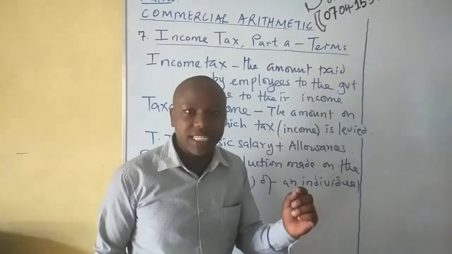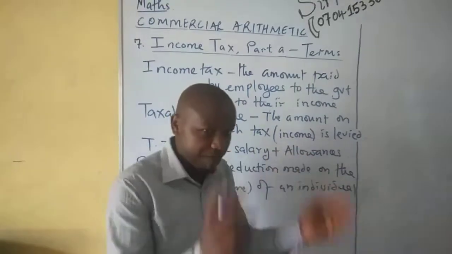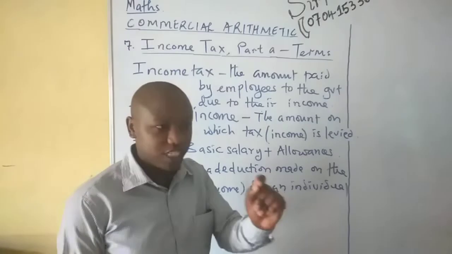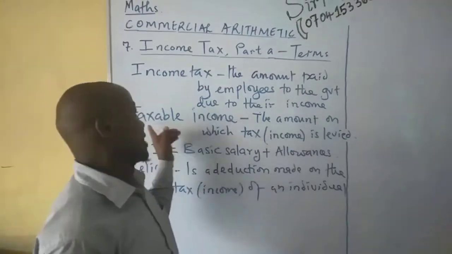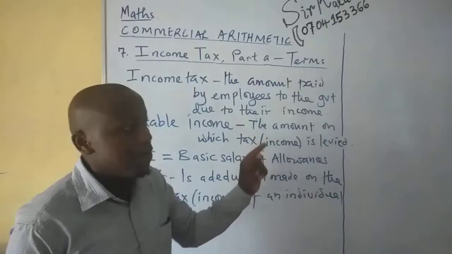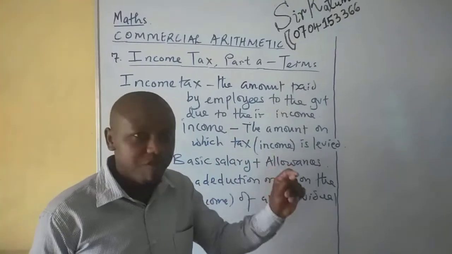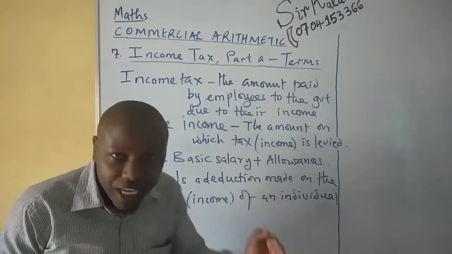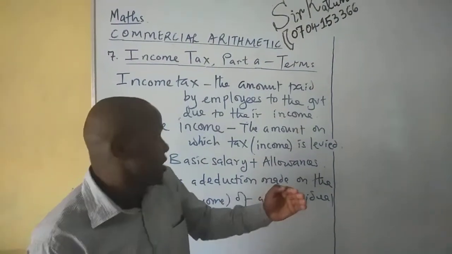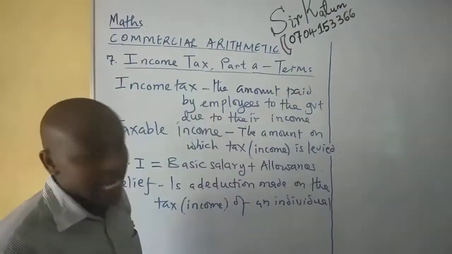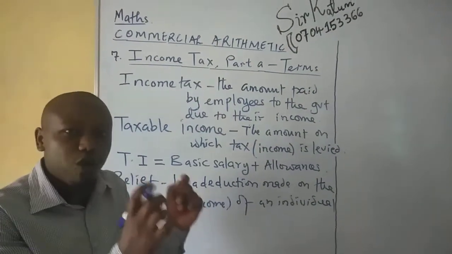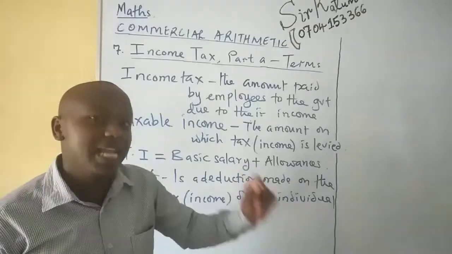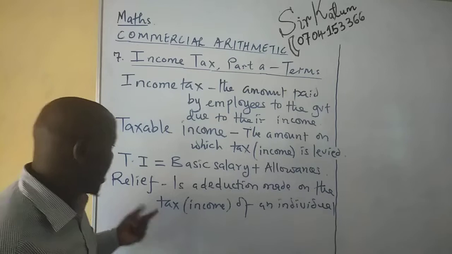Sometimes the government might not take the whole figure we've calculated, or the total income tax we've gotten after taxing your taxable income. The government might give you a favor by allowing you not to pay some part of the income tax. That part which an employee has been allowed not to pay is called a relief.